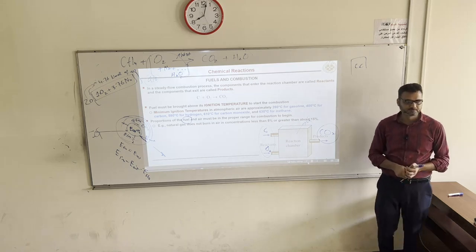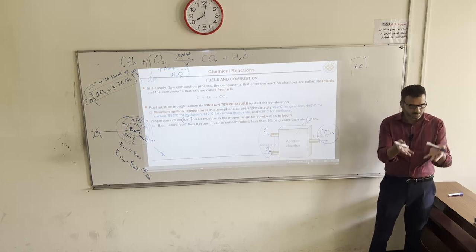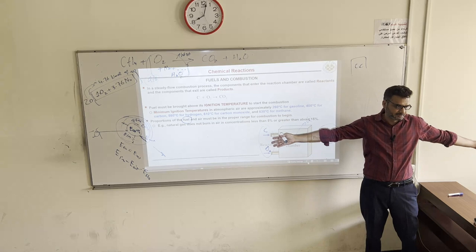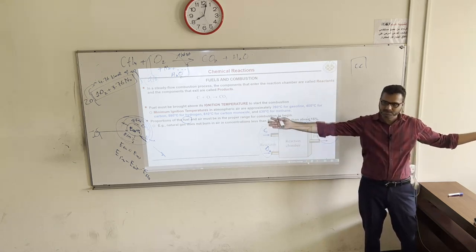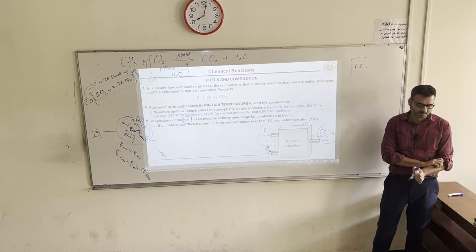If the fuel is less than 5%, you are not increasing the amount of fuel, and the amount of air is not restricted, so more air will flow. If I have a small fuel leakage, it will not burn.